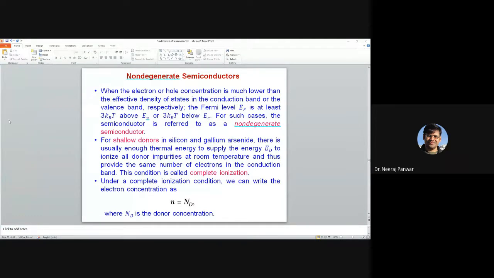So when we have complete ionization, meaning if we have the N-type semiconductor and all the donor atoms are ionized, the electron concentration in the conduction band is equal to the donor concentration, that is Nd.